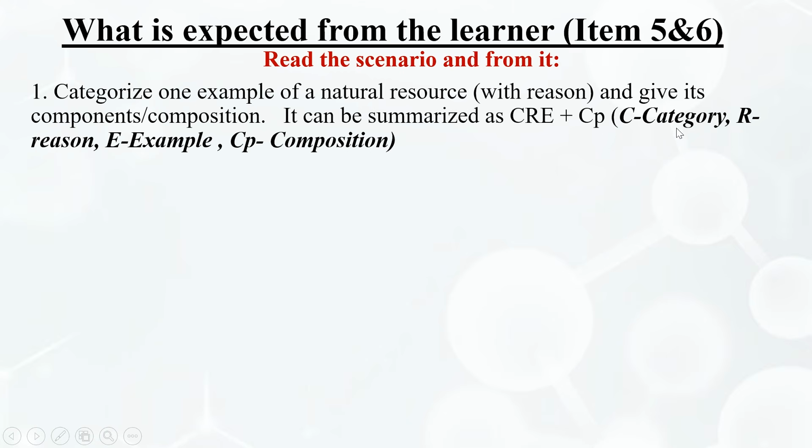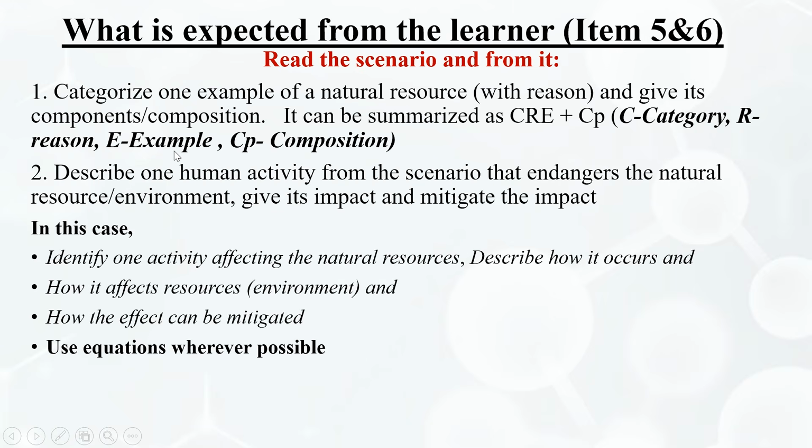We have seen that the category is either renewable or non-renewable. We give the reason and then we give the example. But all of these should be coming from our scenario. If they are coming from our scenario, then we are good to go. Then our second paragraph should be able to describe one human activity from the scenario.